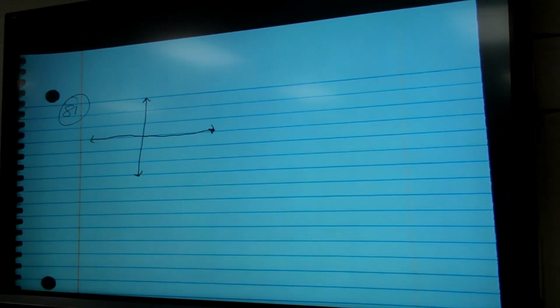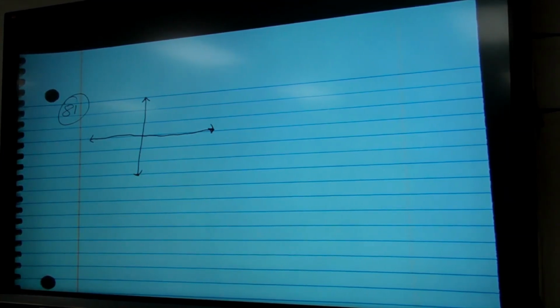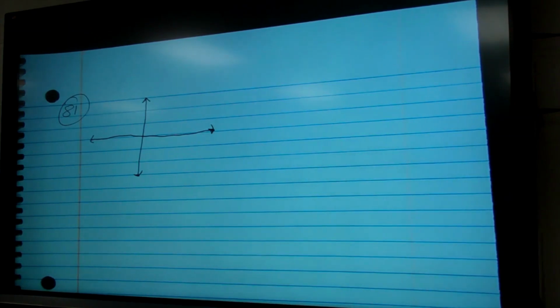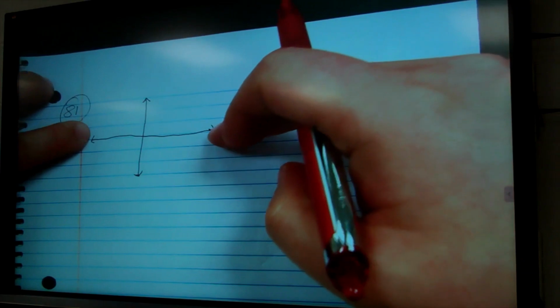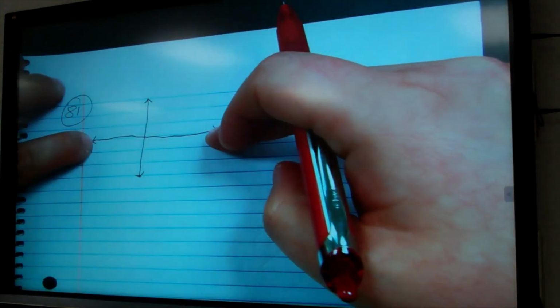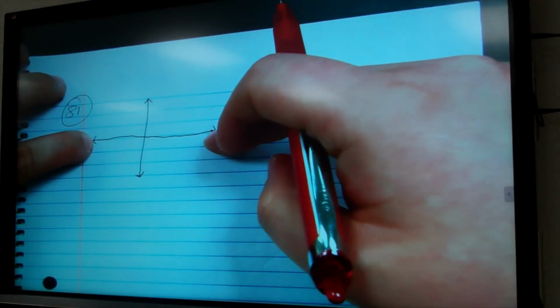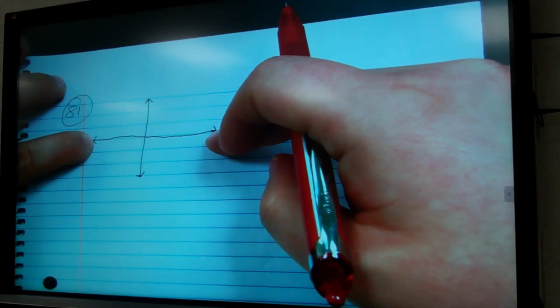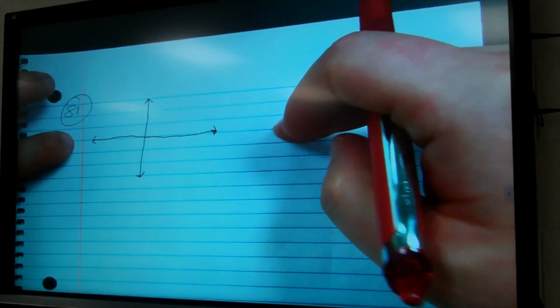You see the arrows up there, there's 4 arrows. There's 4 vectors, 4 rays. Just because I have arrows on the end of these doesn't mean these are 2 rays. This is a line. The arrows show that it keeps going on forever.